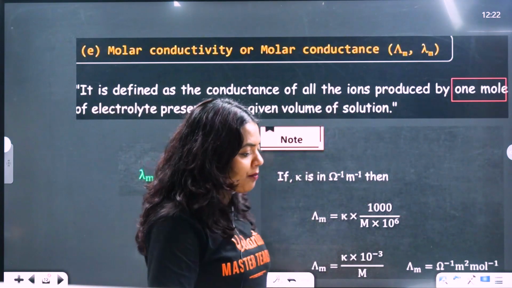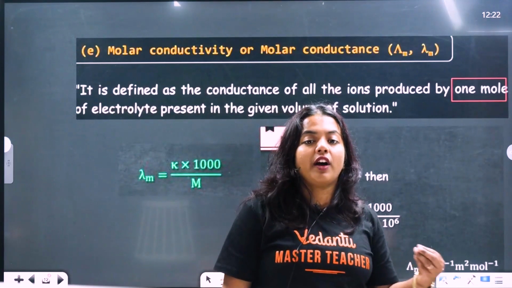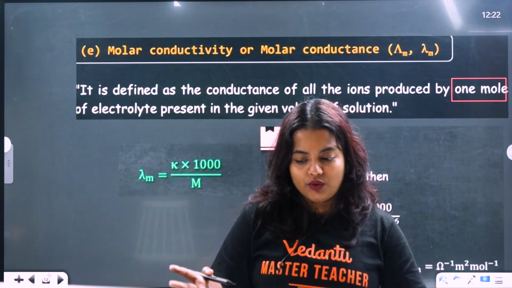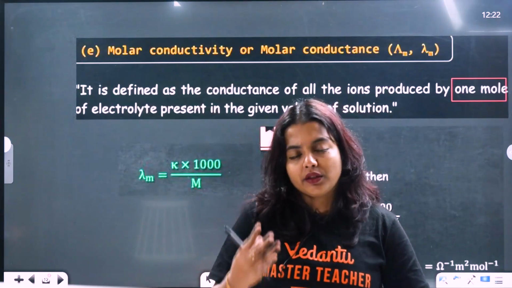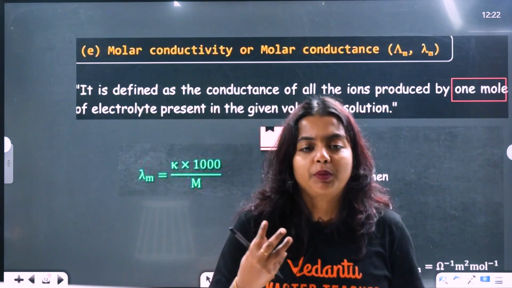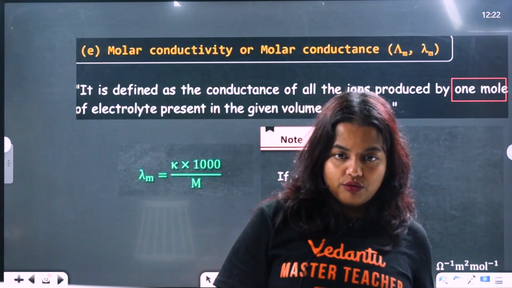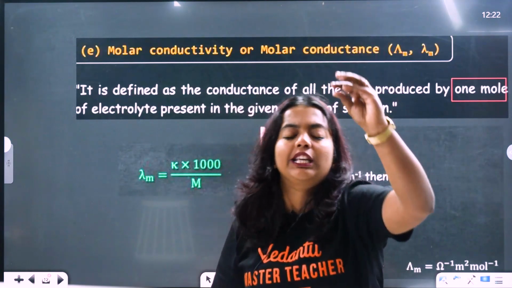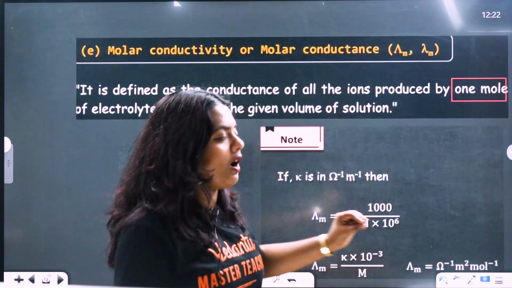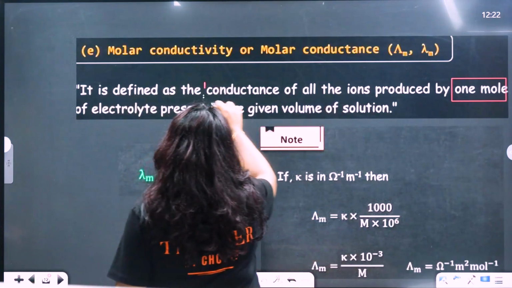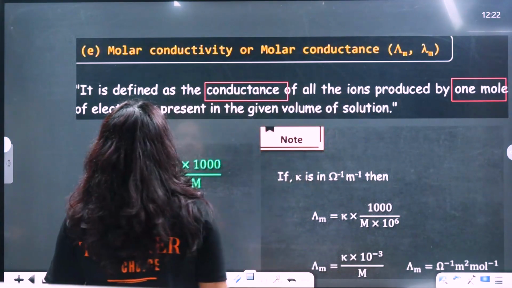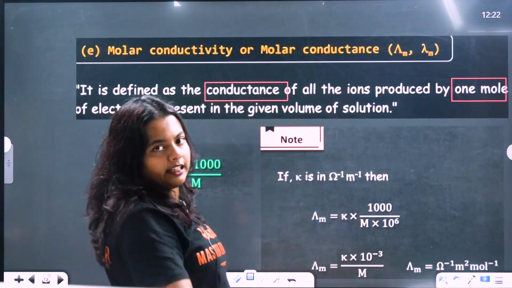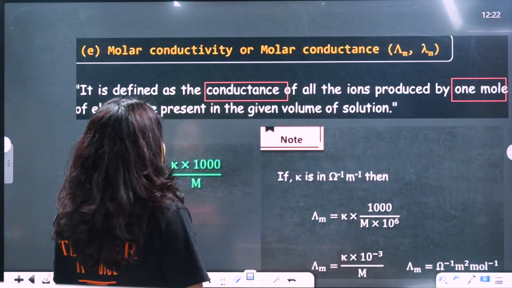This is a very important word, 1 mole. See, you have a given solution. If you take 1 mole of that electrolytic solution in the given volume, the conductance of all the ions present in that 1 mole is called the molar conductivity.